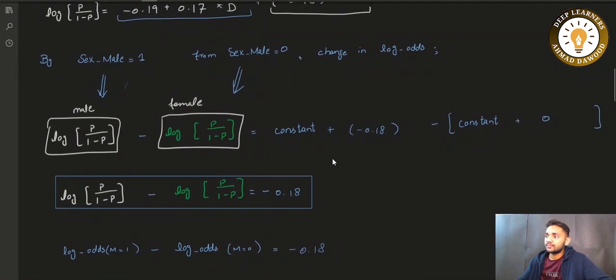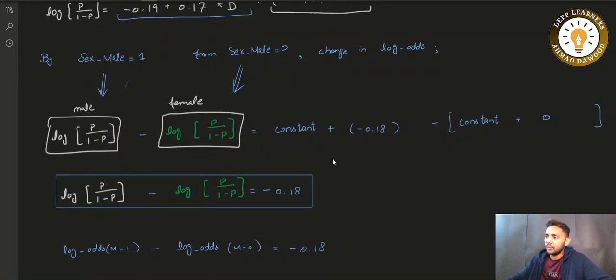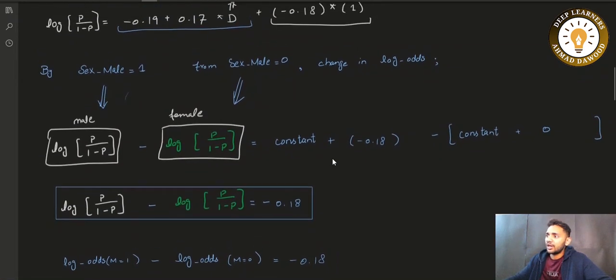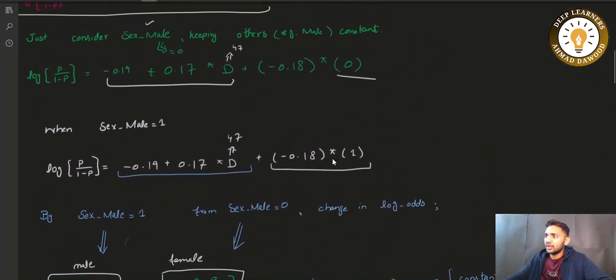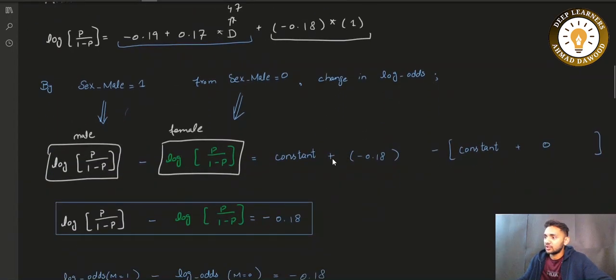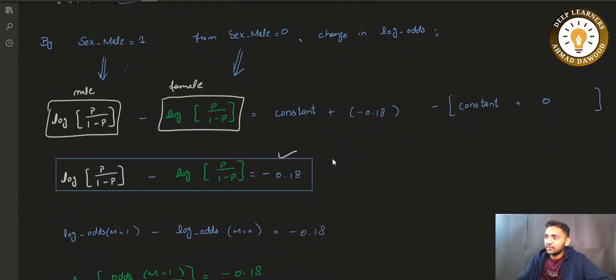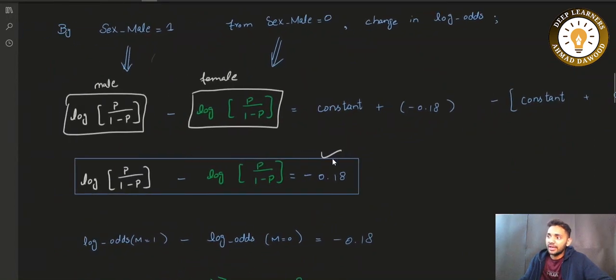So here you will see constant minus 0.18 minus constant, and in the case of female it becomes 0, because male is equal to 0. So here you can see minus 0.18.